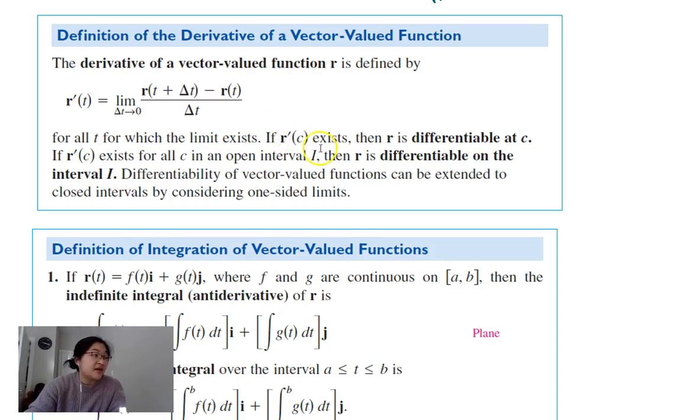So if our derivative exists at that c, then we say that it's differentiable. And if we have our derivative on our open interval, then we say that it's differentiable on that interval. So we can have differentiability at a point, and we can have differentiability on an interval.